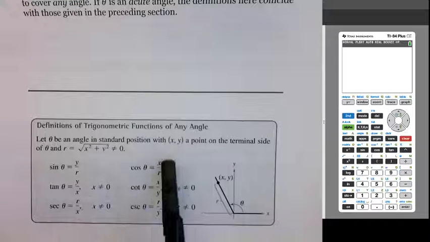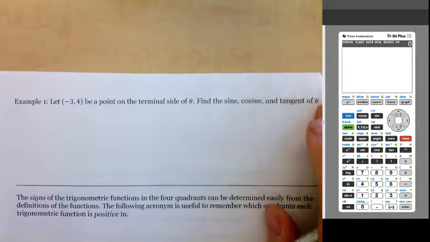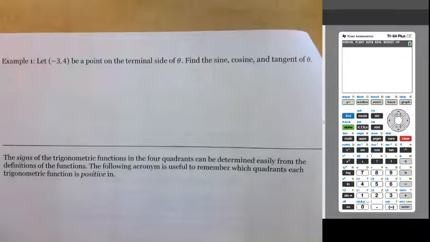Similarly, cosine is x over r, and everything else follows suit from the identities that we learned back in 4.3.